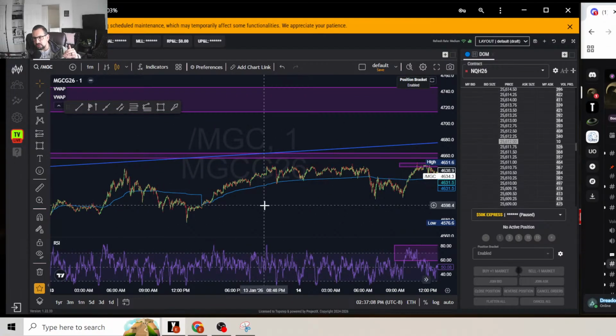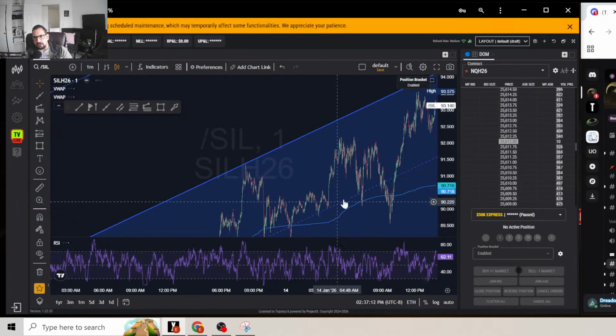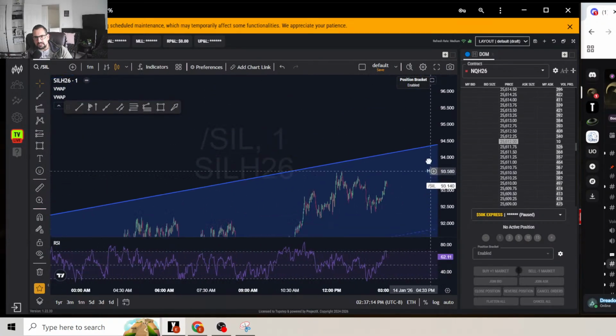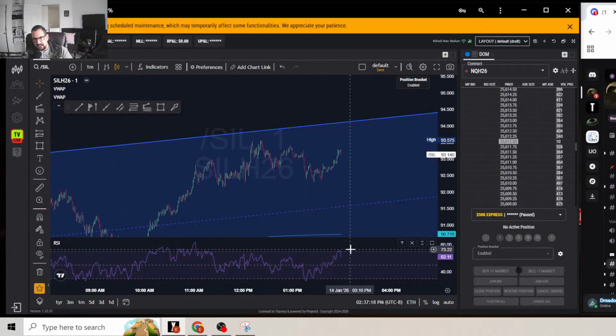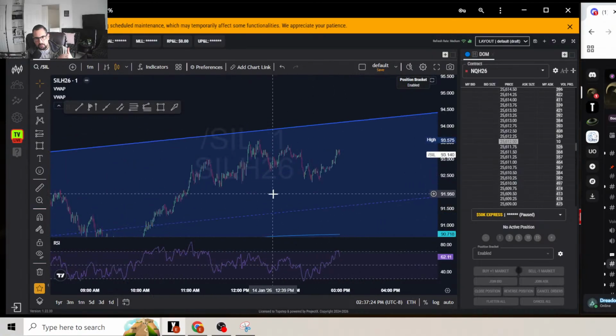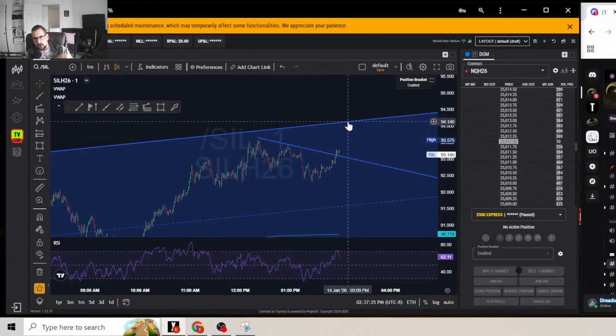Gold typically has been leading the way on these pullbacks instead of silver. But silver, if you take a look at it, has no divergence yet here on the 1 minute. So we want to see us break this peak right here, go up to this channel high.